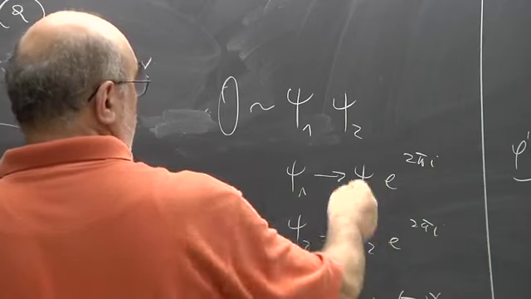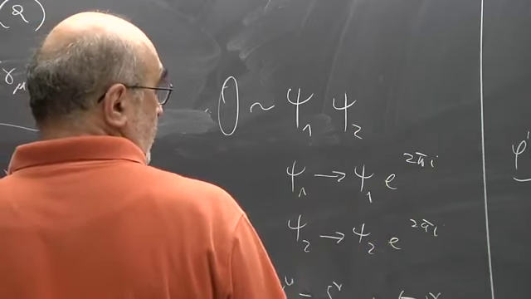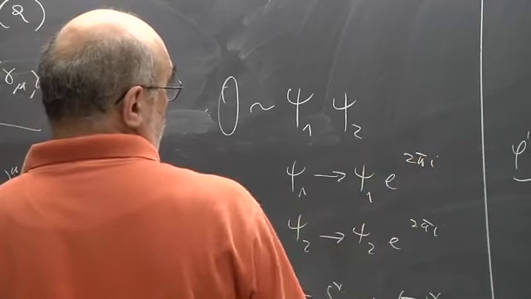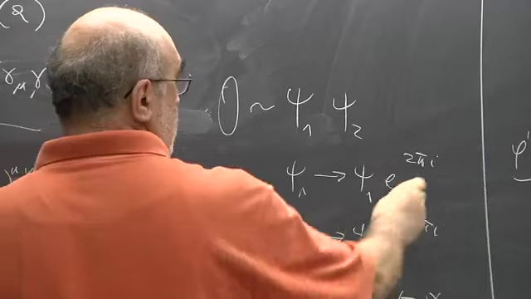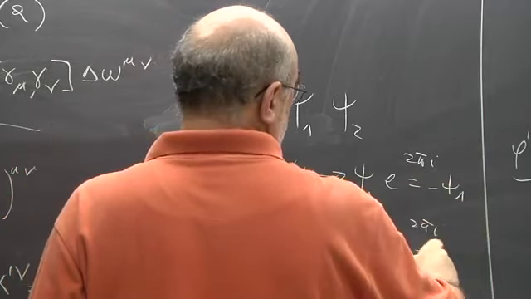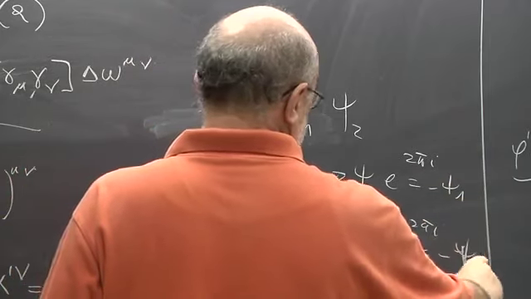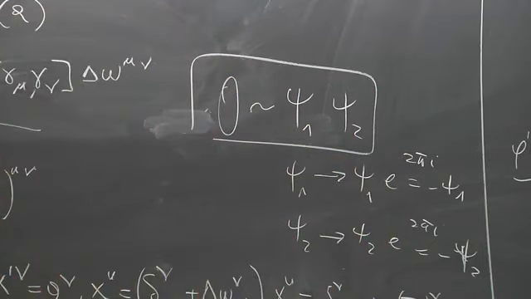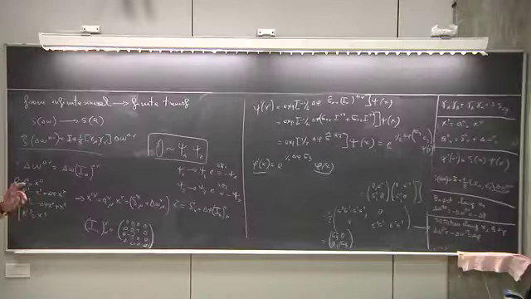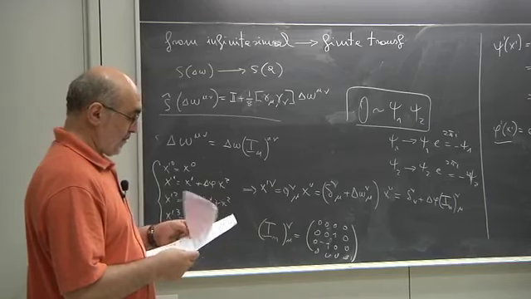If you had only one spinor as observable, you would not get back to the same observable after a 2 pi rotation. But if you do a 2 pi on this and a 2 pi on this, this changes sign, but also this changes sign. So if the observable is a pair of spinors, after 2 pi you get back to the same observable. It's only the wave function that after 2 pi you don't get back to the same thing.